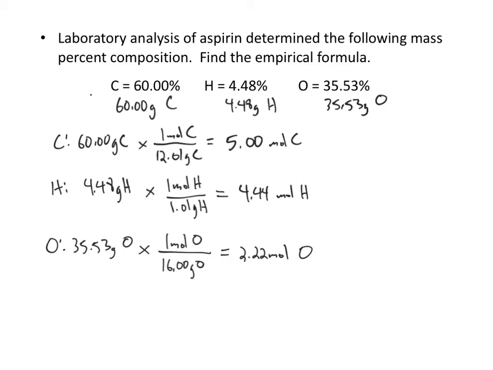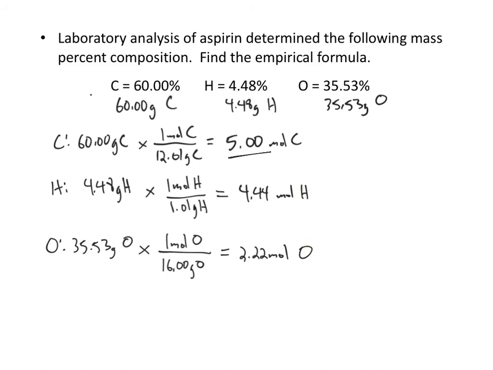So whichever element I have the least moles of, in this case it's oxygen, I take all of the elements in my compound and divide their moles by the moles of the least one. Then in my formula, I'll end up with 1 oxygen, and it'll tell me how many carbons and hydrogens I have relative to 1 oxygen.